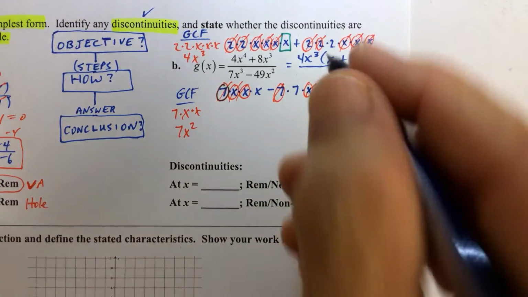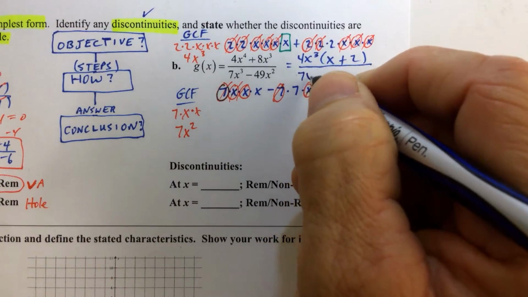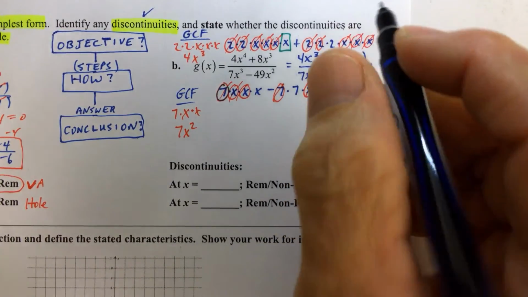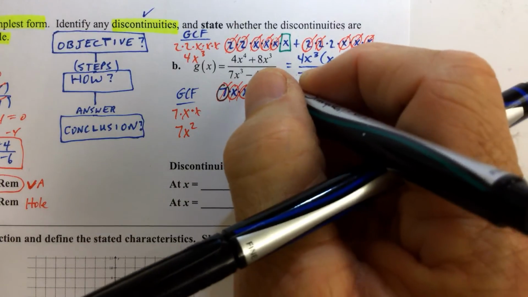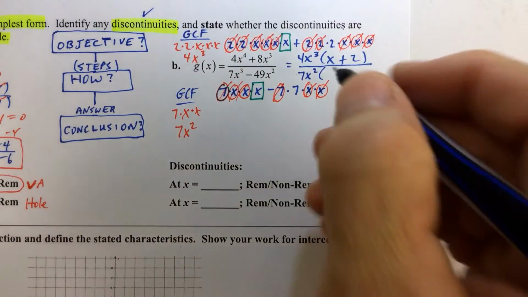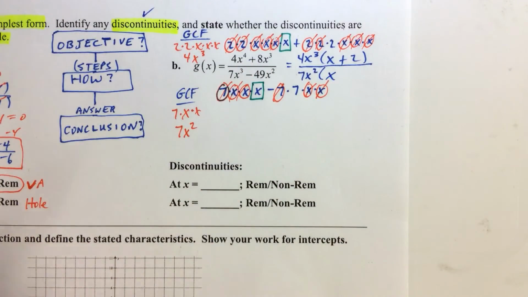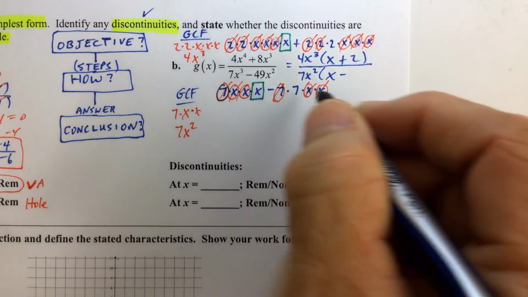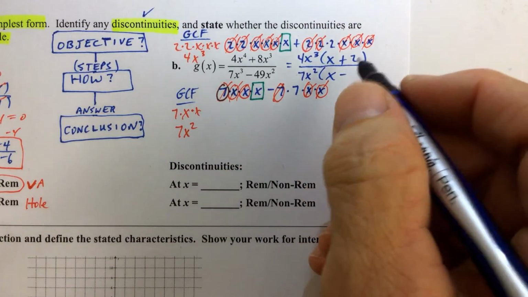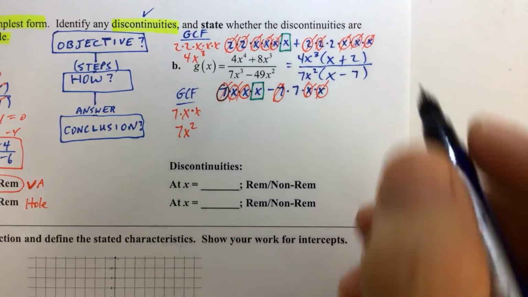When we take 7x squared out of both terms, what are we left with? Well, in the first term, we're left with an x. In the second term, we have a minus sign there, don't forget about that, we're left with 7.